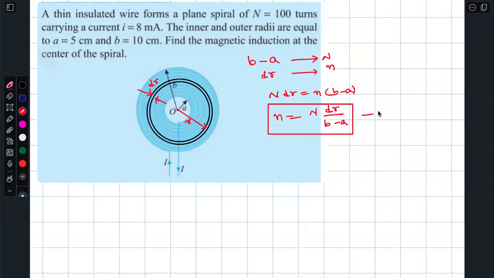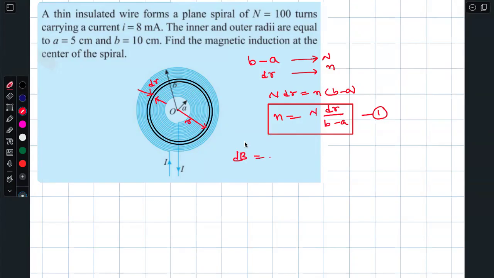Do you have any doubt in this? Please ask me right now. Now, what are you seeing in the figure? Forget about everything except that circular coil. It looks like a circular coil of radius r. What is the field due to this arrangement?